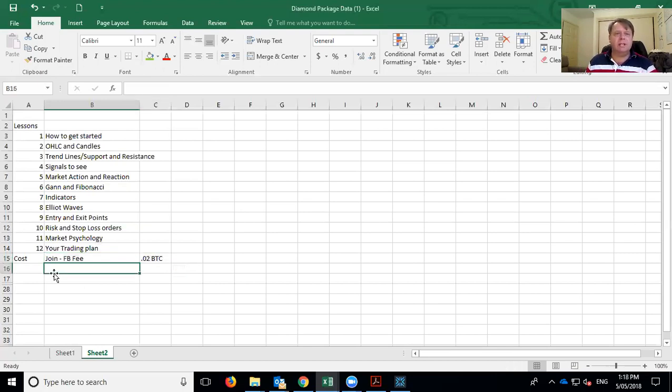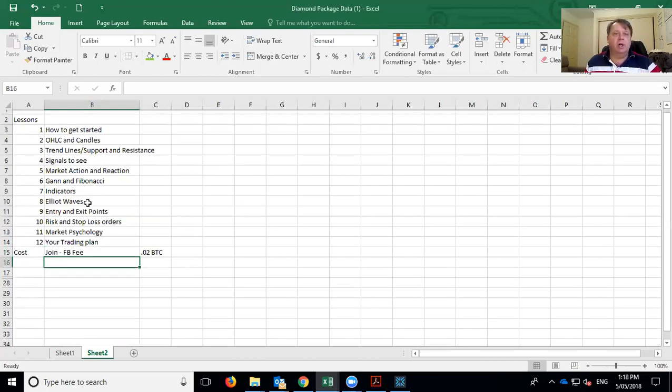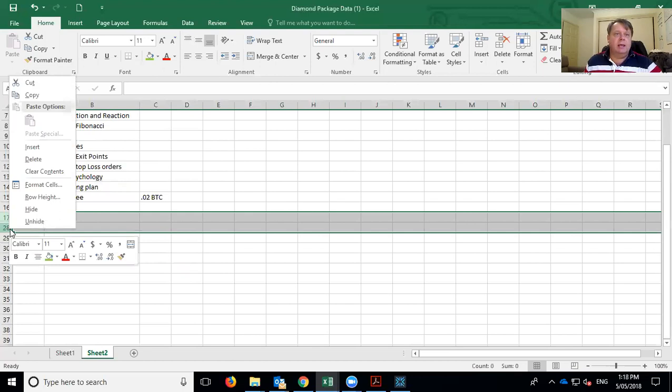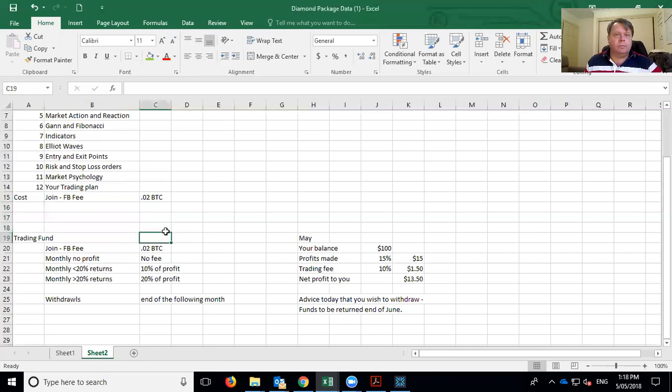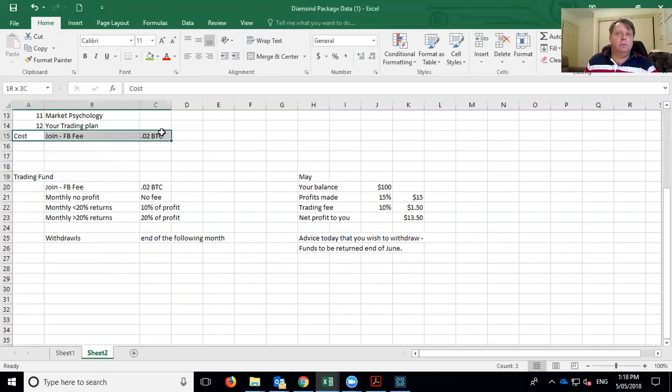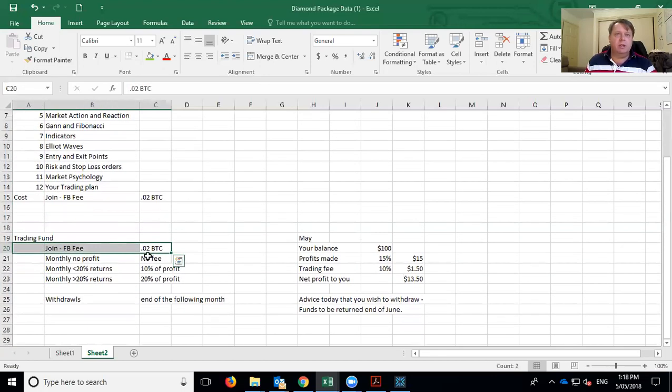Now, some people have basically asked, well, I'd love to learn and all that sort of stuff, but I don't have time to trade. So I am putting together a trading fund where I will trade on your behalf. Okay, and this is how it's going to work. So again, you need to join the Facebook community. All right, it's the same price, 0.02. So you've got two options: join the Facebook community, and then you can learn all of this, and at the end of it, having learned all the structure, go, you know what?